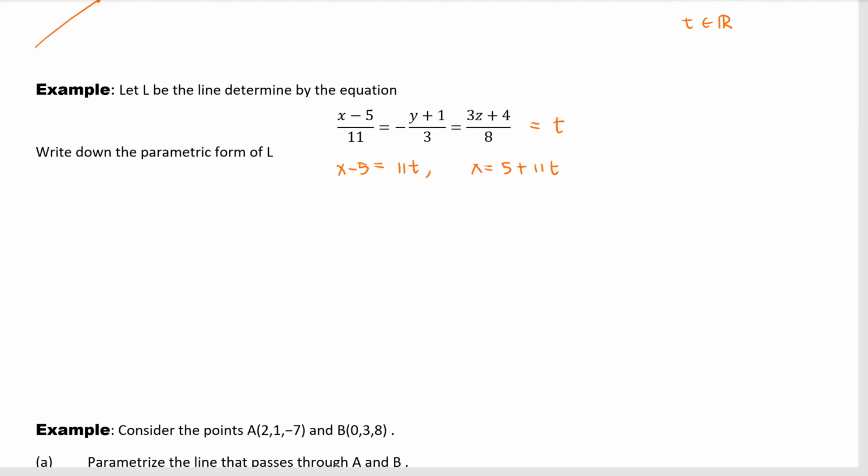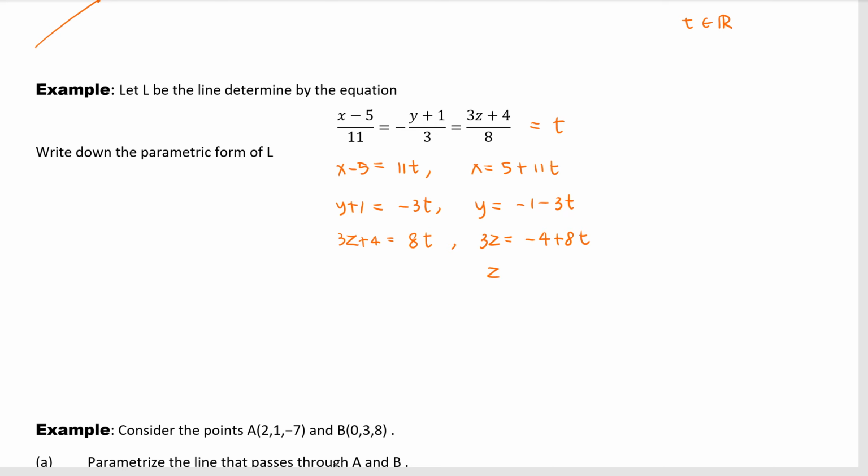And then we have y plus 1, both sides multiplied by -3, we get -3t. So y is minus 1 minus 3t. And then 3z plus 4 equals, multiplied by 8, 8t. Then 3z equals -4 plus 8t.